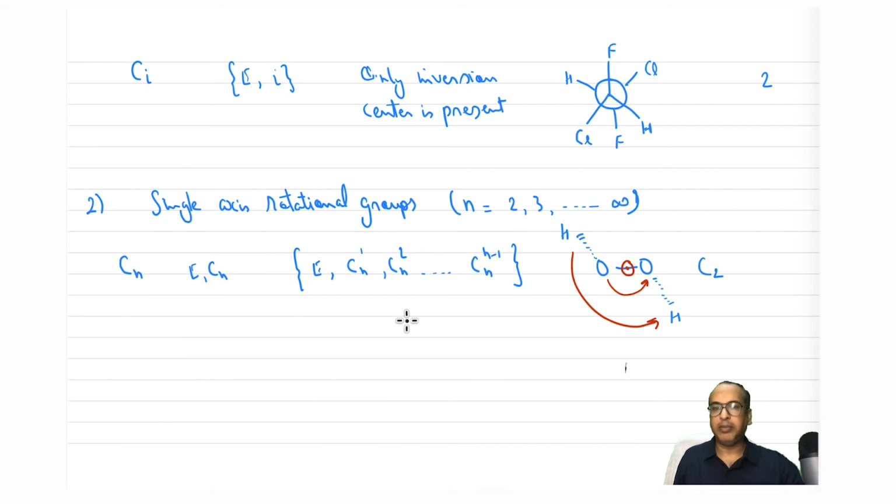The group elements will be E and C2, nothing else, because C2 squared will again be E. So that is the single axis rotational point group Cn.